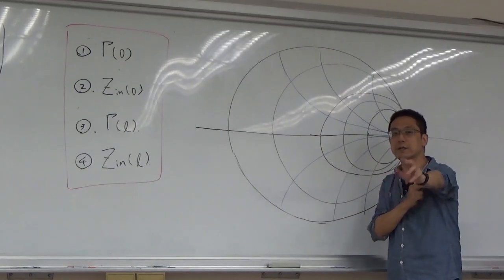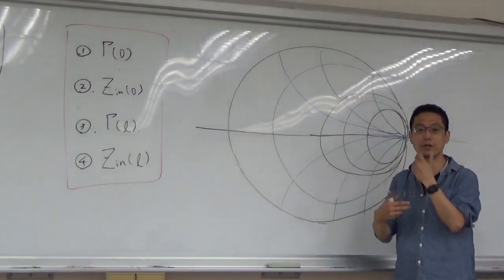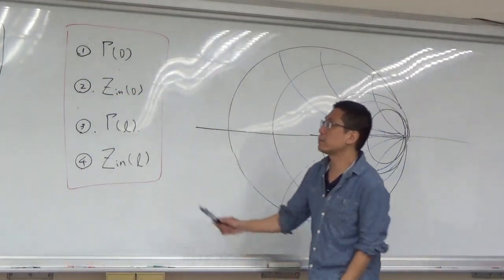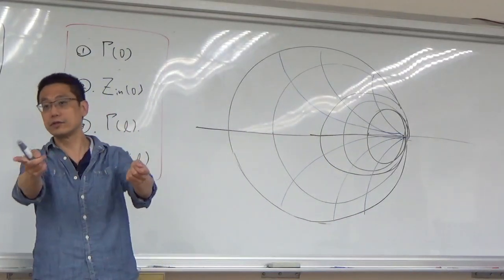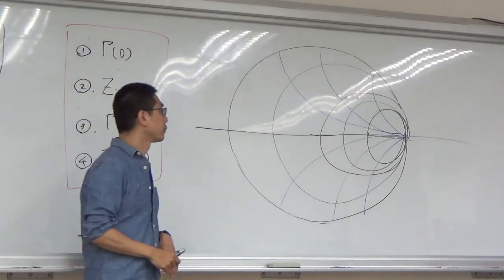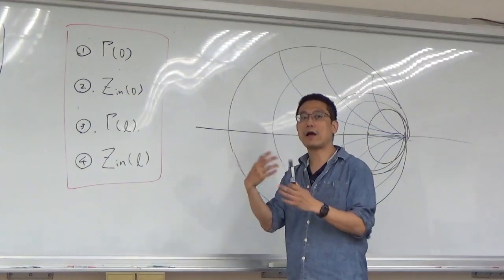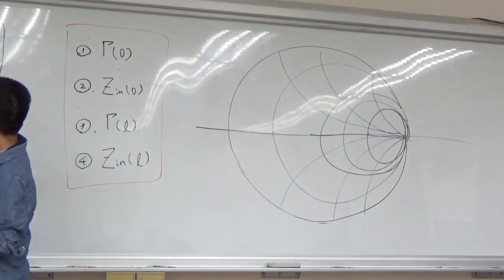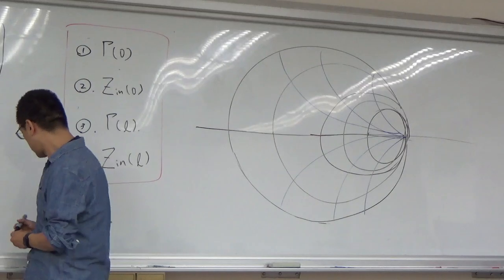So I think most of you already took the EM class. You know something, but I'll try to help you review. For this example, you already have a Smith chart, right? I just gave you a Smith chart. First of all, find the ratio between ZL over Z0.